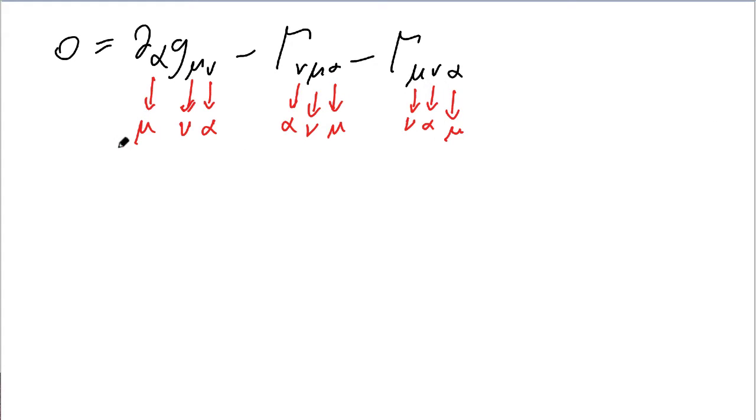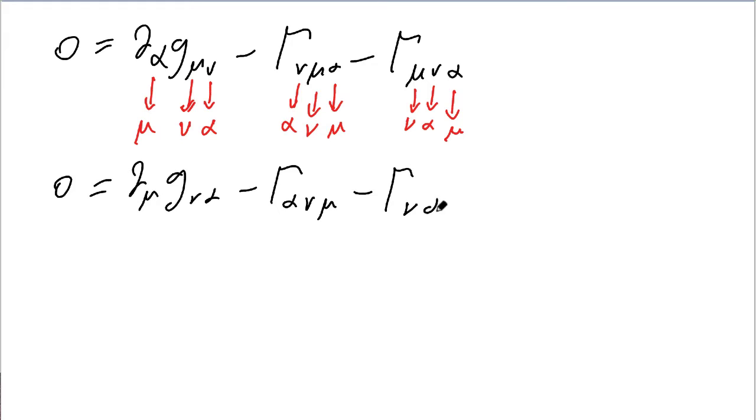All right, so if we write this equation out with this index pattern, we have partial mu g nu alpha minus gamma alpha nu mu minus gamma nu alpha mu. Now let's write this down a third time, and we'll swap indices again, letting mu become nu, nu become alpha, and alpha become mu.